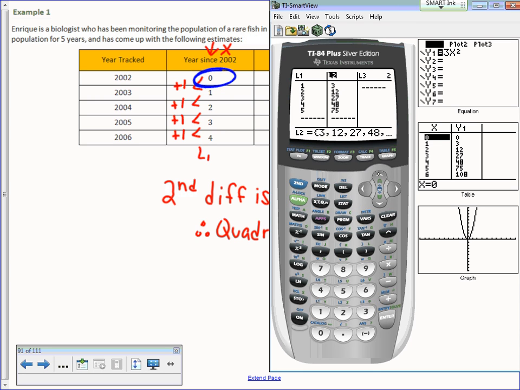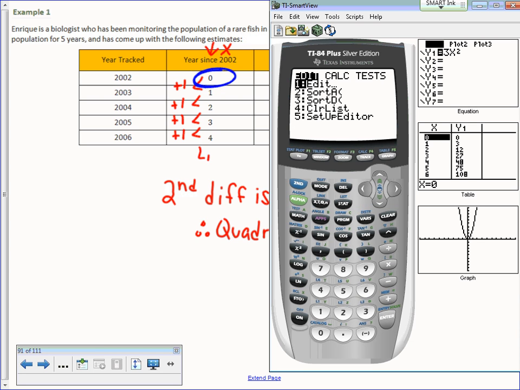So let's now clear out list number 2, and let's clear out list number 1. List number 1 goes from 0, 1, 2, 3, and 4. List number 2 is going to be 1,000, 899, 796, 691, and 584.